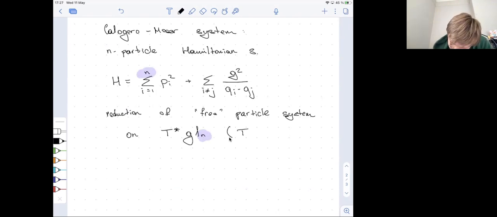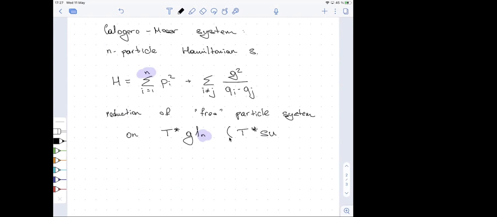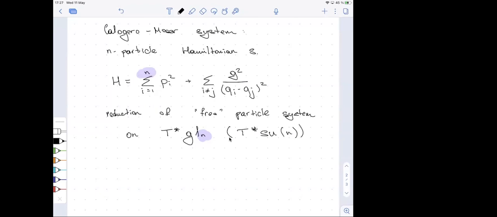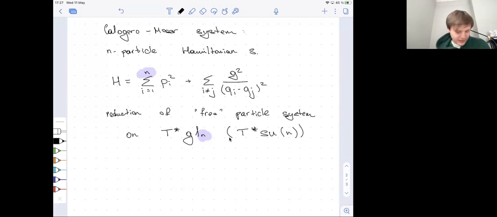Or if you want to do real and compact, you can also consider this as the system on T*SU_N, but it doesn't make any sense in my talk. Sorry, in the first formula, is there an absolute value of Q_i minus Q_j in the denominator? Sorry, it's a square. Yes, this was a misprint.